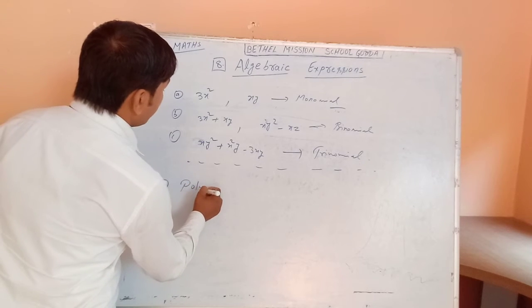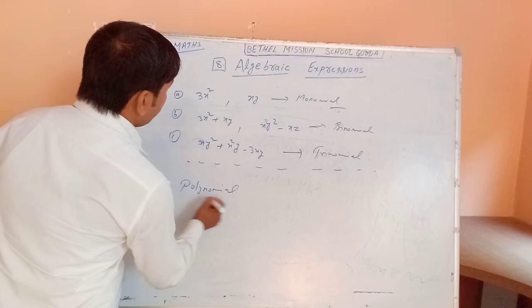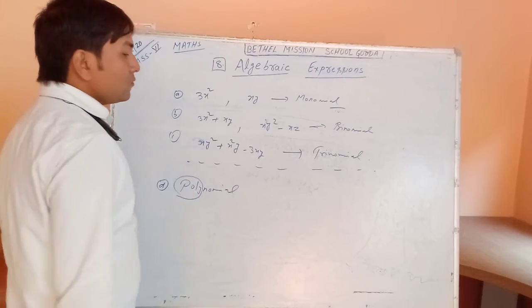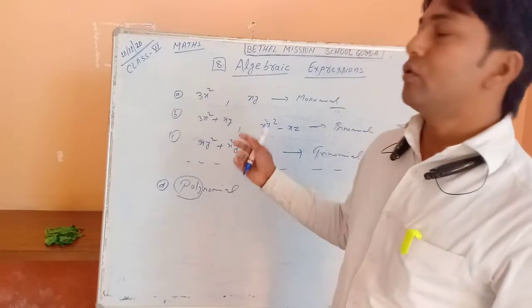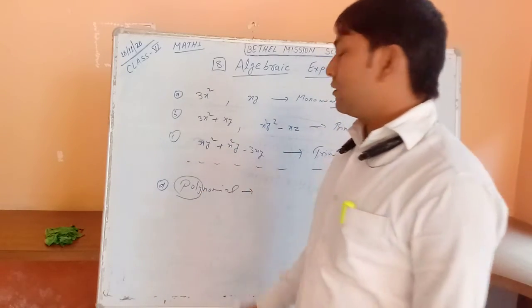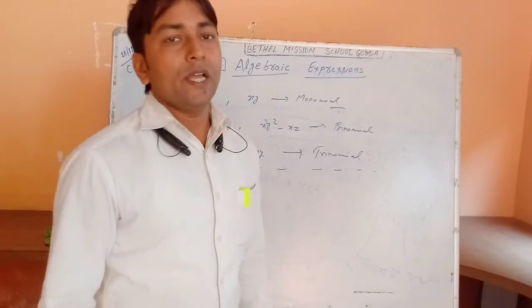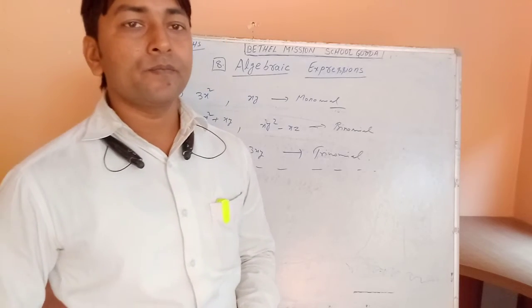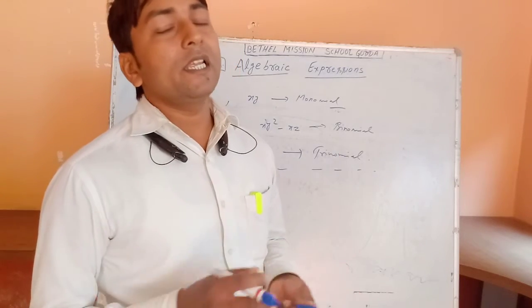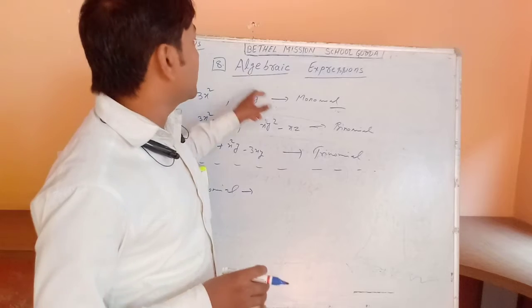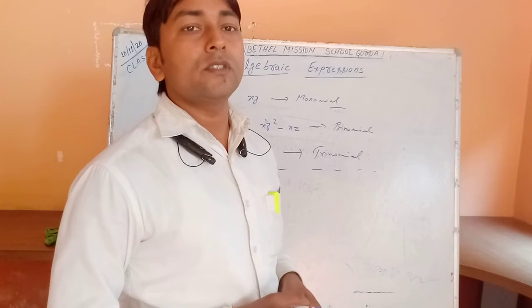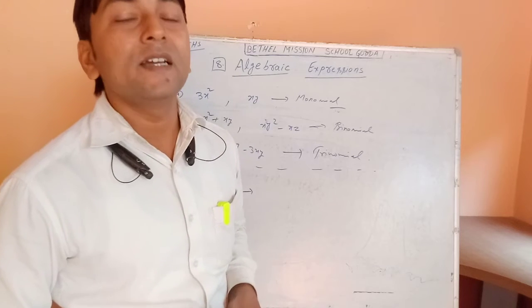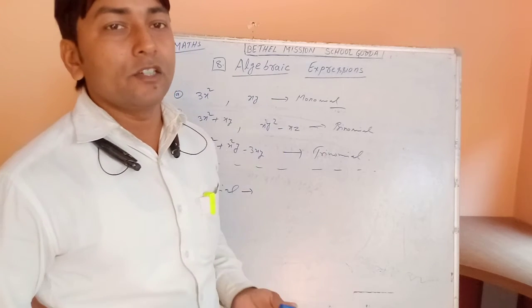polynomial. What is a polynomial? Poly means countless, or more than one or more than two. When any algebraic expression has two or more than two terms, it is called a polynomial.